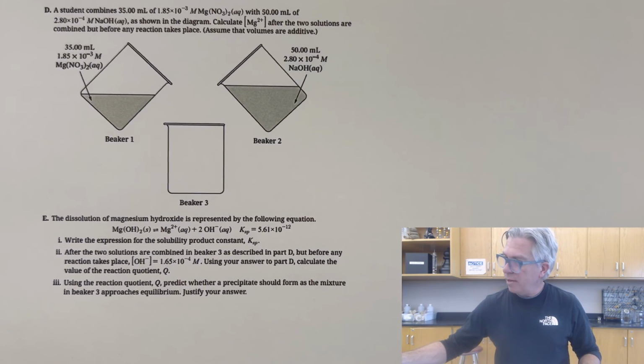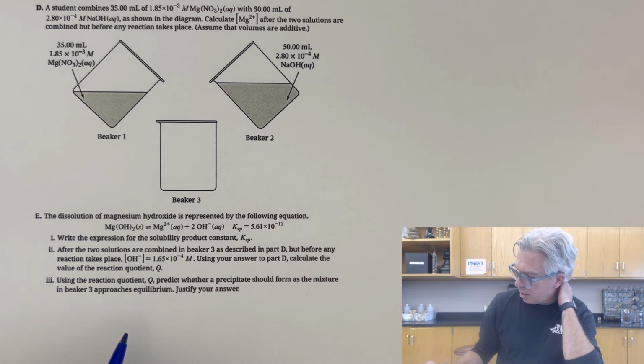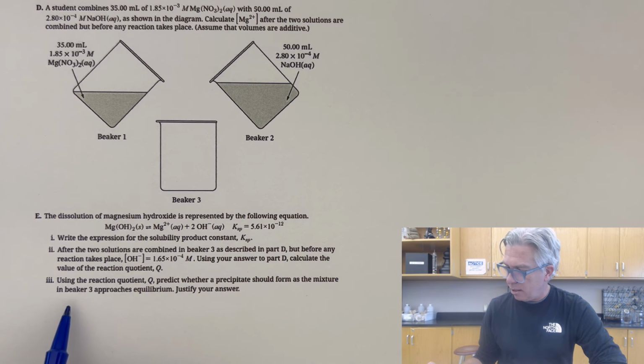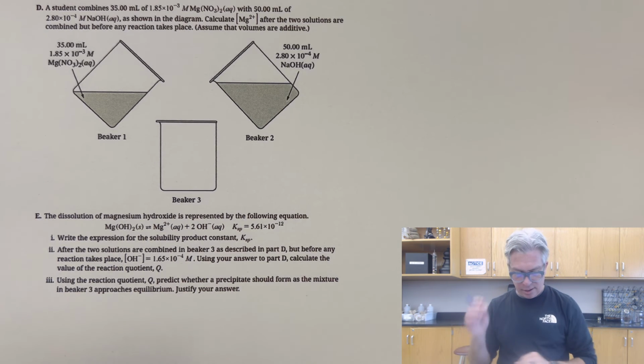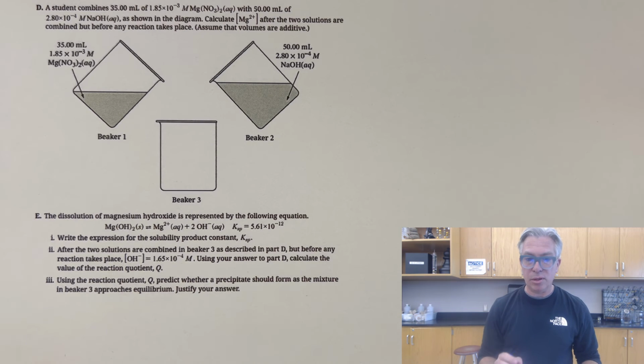And then the last part of that is to say, all right, using the reaction quotient Q, predict whether a precipitate should form as the mixture in beaker 3 approaches equilibrium, and then justify your answer. To find out if a precipitate is going to occur, you need to compare the Q to the K value, okay? And maybe you recall doing this.